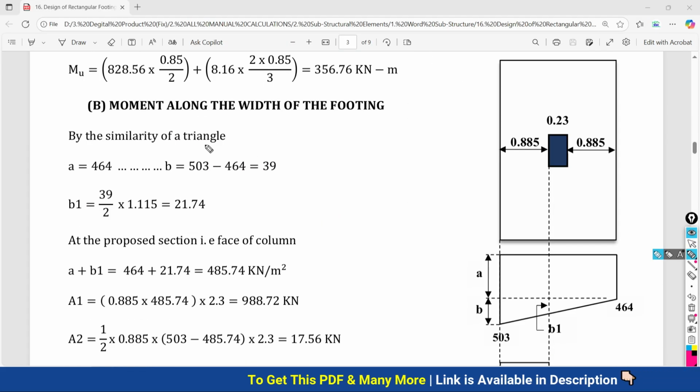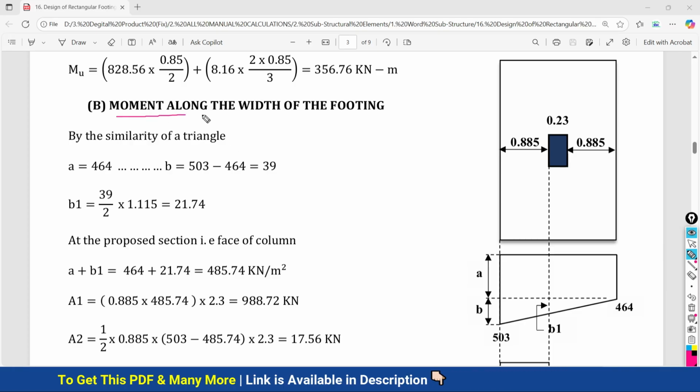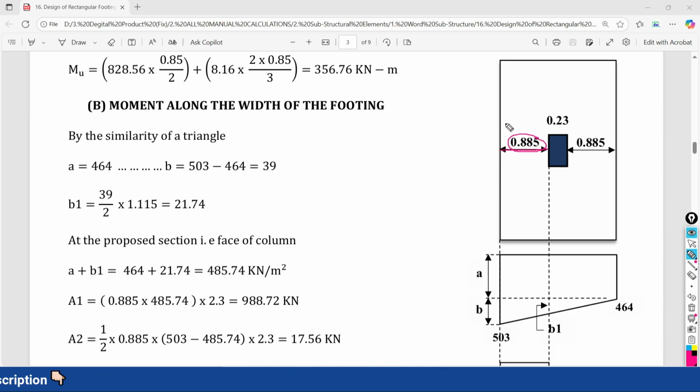Now the same calculation we are going to repeat for calculating the moment along the width of the footing. So very first thing, again we need to calculate the projection, and this projection we are going to denote by CBB, meaning the projection from the face up to the edge of the footing along the width of the footing.